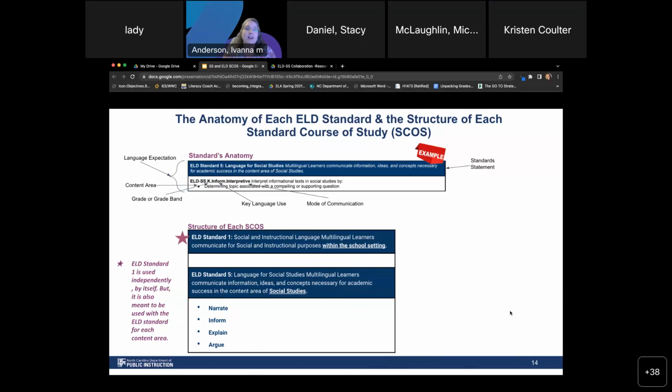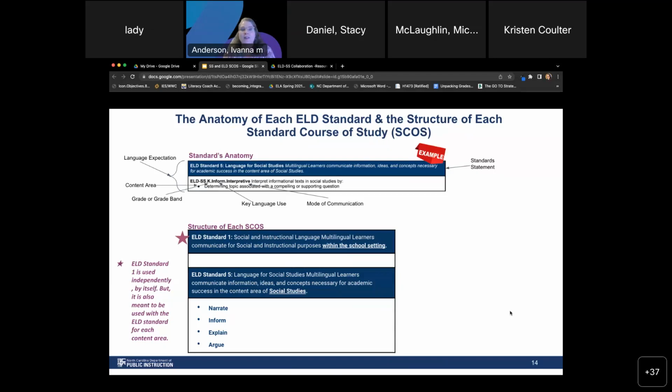And then we have a number of different opportunities to look at very specific items within to break out that standard statement. So if you look, we have our content area, the ELD for social studies. We have our grade level or grade band, which in this case is kindergarten. And then we have our key language use of inform and our mode of communication, which is interpretive.